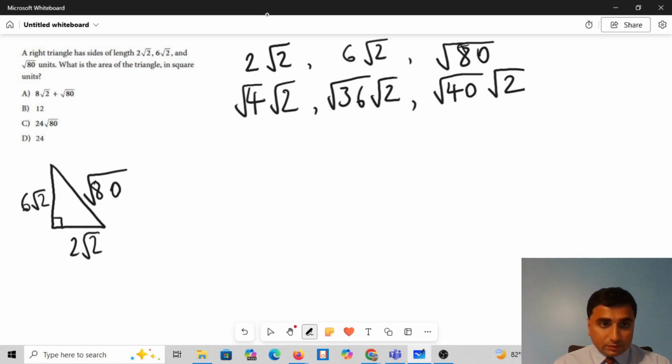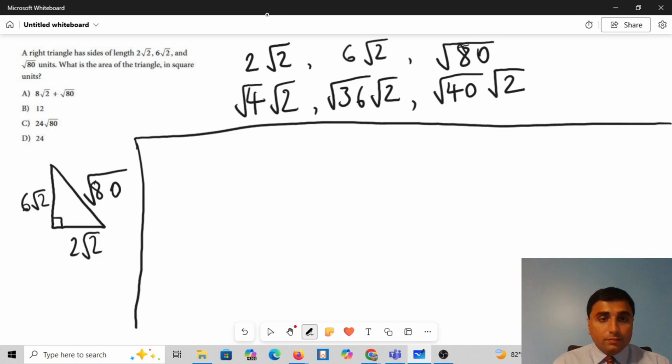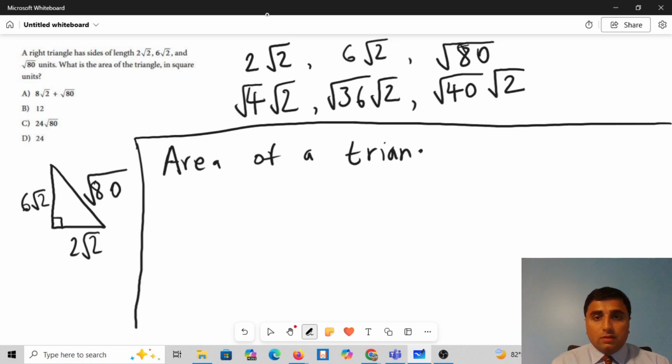Now we have to find the area of this particular triangle right here. The area of a triangle is going to be equal to half times the base times the height.